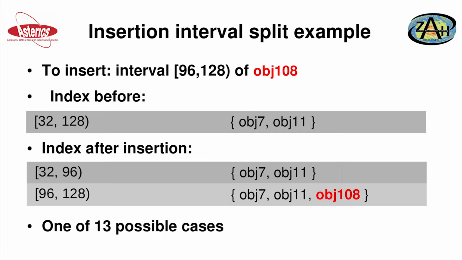And afterwards, so it goes from 32 to 128. And from 96 to 128, we have also the object 108 that has elements there, and this means that the correct index after the insertion looks like this.